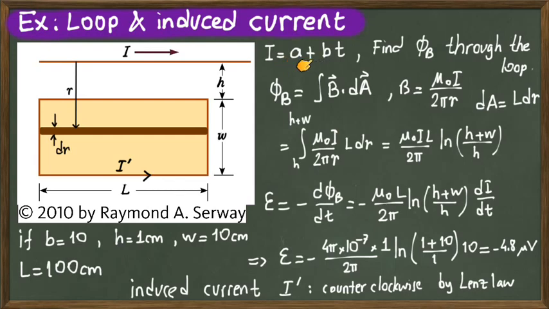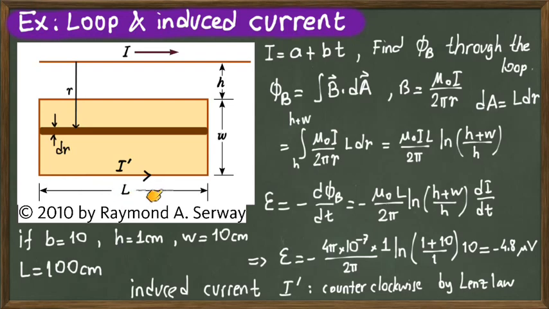If b is positive, I is increasing. If I is increasing, the flux is increasing through this rectangle. If the flux is increasing, then the induced current will produce a magnetic field in such a way that this magnetic field opposes the increase of the flux.